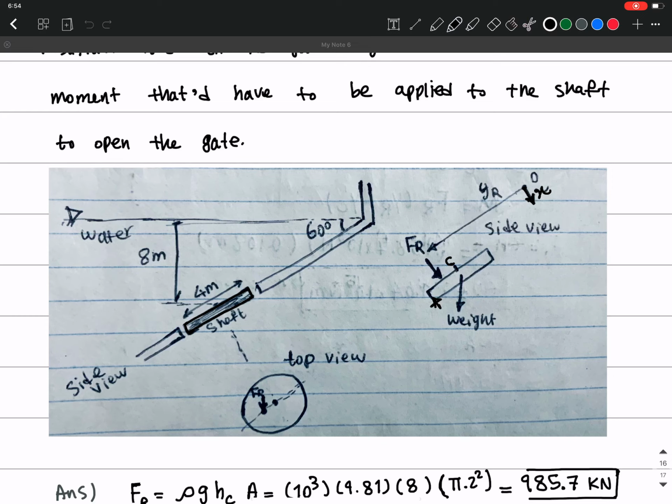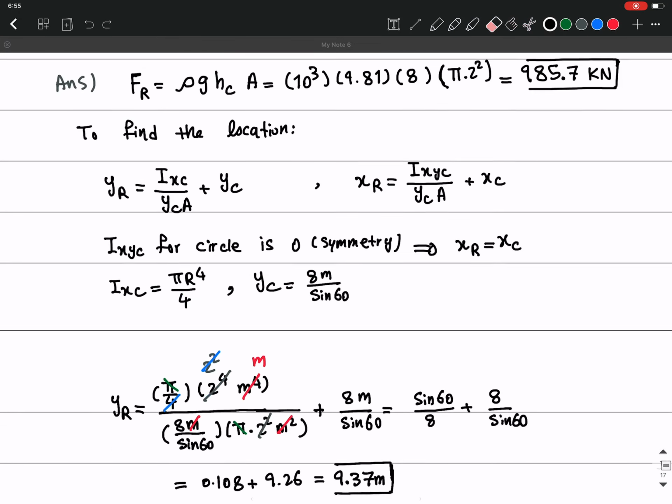If it is connected, any connections like from the sides, this moment can be given to it in order to keep it closed, okay? Otherwise, the moment that is given to this shaft is calculated as I showed you.